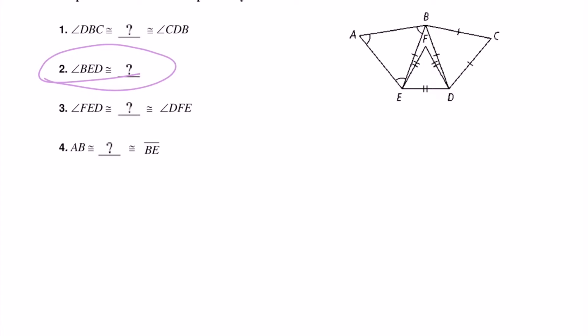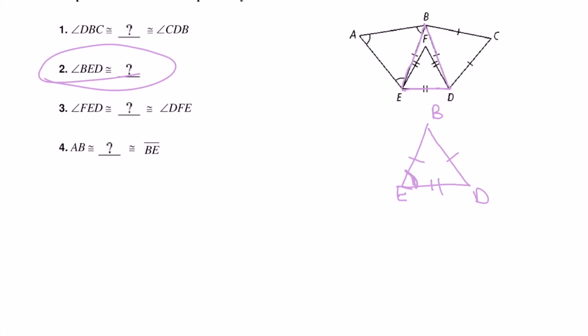Well, notice that triangle BED, and if it helps you redraw this thing, triangle BED is isosceles. I'll show you the triangle I'm redrawing there. So angle BED, that's this angle. What angle is it congruent to? It must be congruent to this one right here.